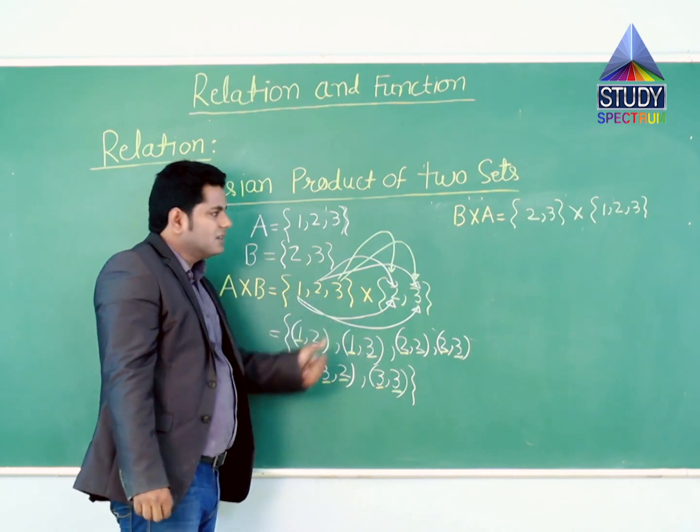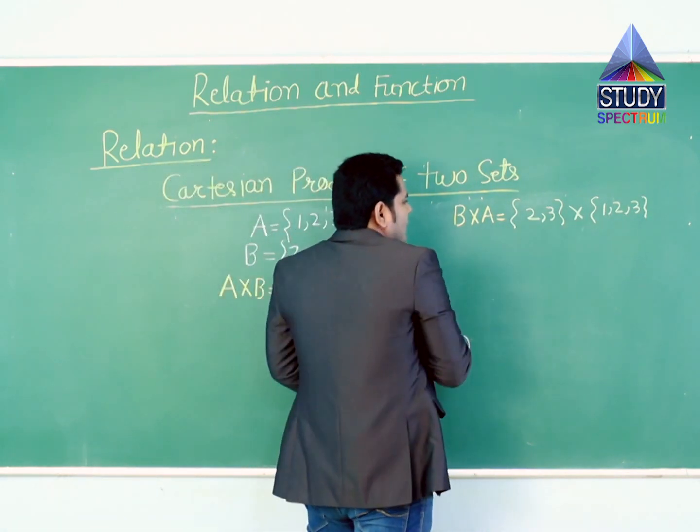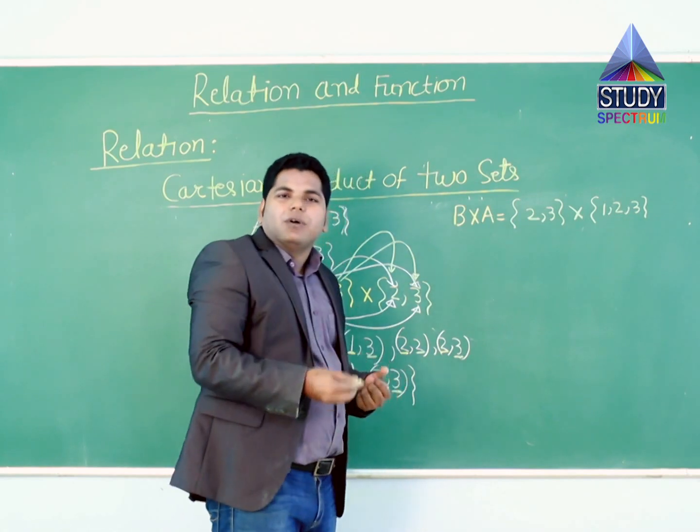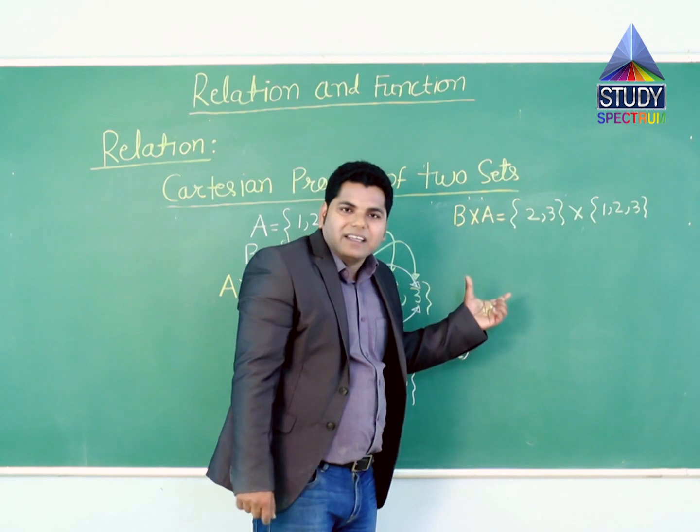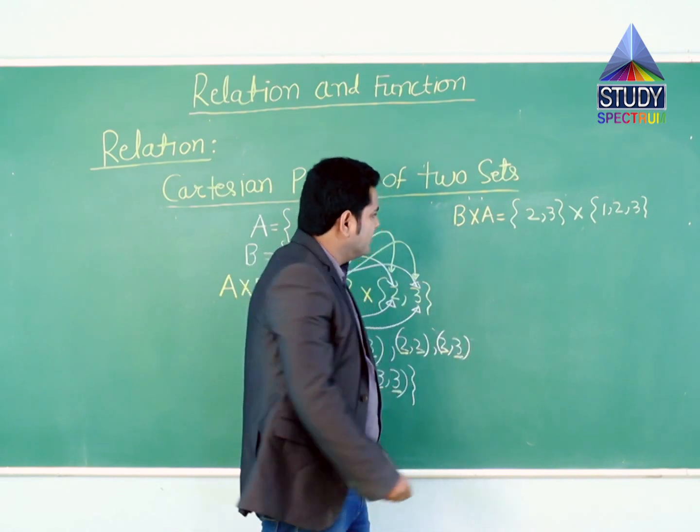Now write the ordered pairs of the Cartesian product B cross A.